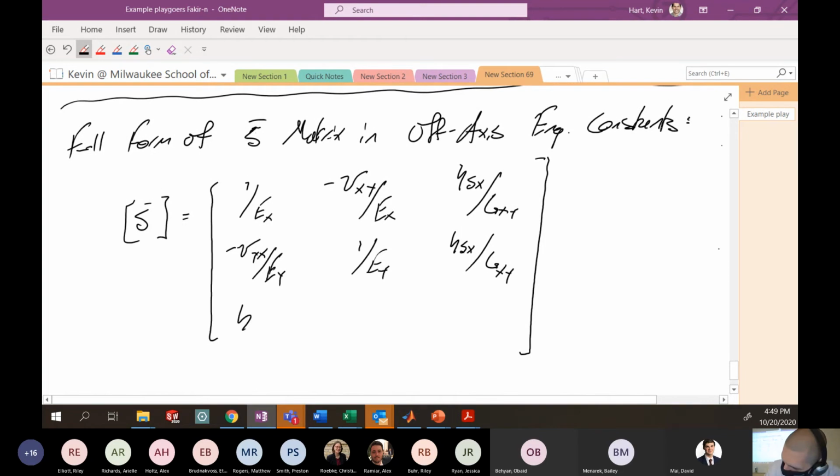And lastly, eta XS on EX, eta YS on EY, 1 on GXY. There's your full compliance matrix off-axis, written in terms of off-axis engineering constants. Yikes.